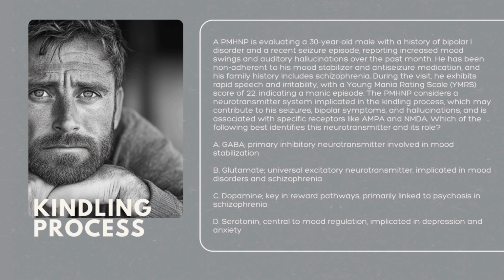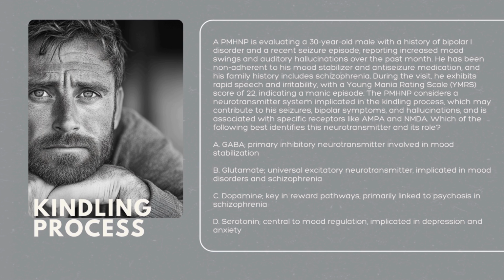episode. The PMHNP considers a neurotransmitter system implicated in the kindling process, which may contribute to his seizures, bipolar symptoms, and hallucinations, and is associated with receptors like AMPA and NMDA. Which of the following best identifies this neurotransmitter and its role?